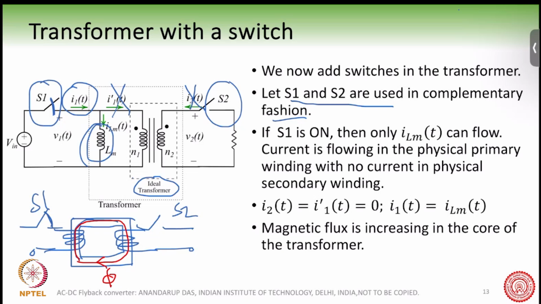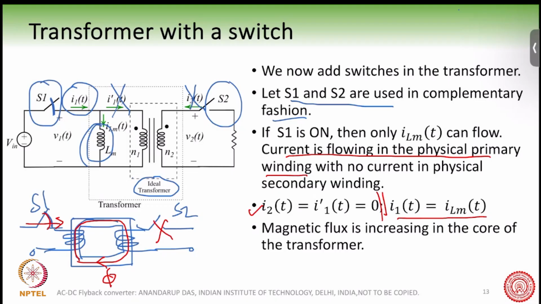You have turned on S1, S2 is off, and the energy is getting stored in the core. Now current is of course flowing in the physical primary winding, because this is on, so some current is flowing here. But no current can flow in this secondary winding. So under this condition, I2 is equal to I1 dash, equal to 0, no current is flowing, and I1 is equal to ILm.